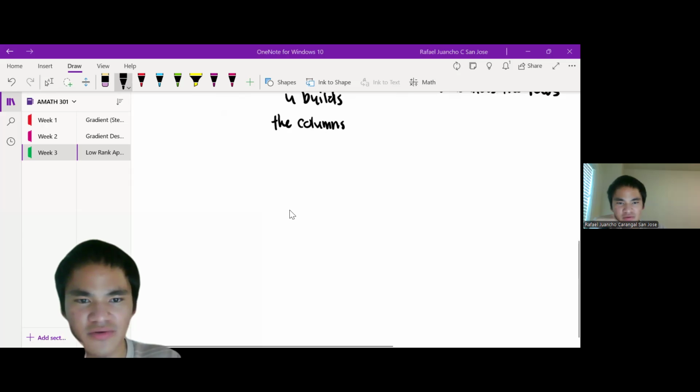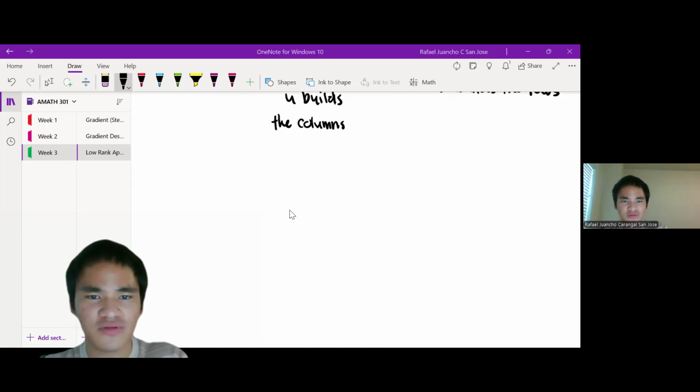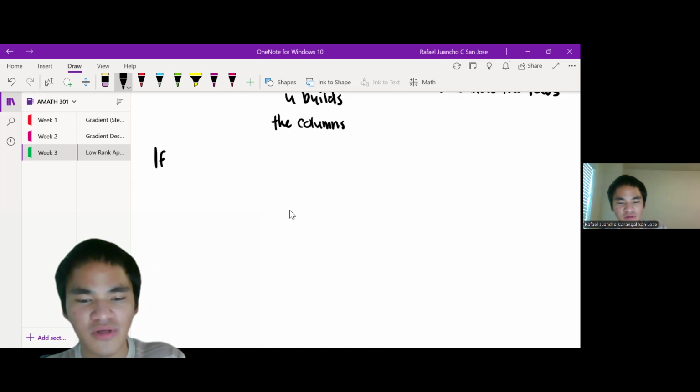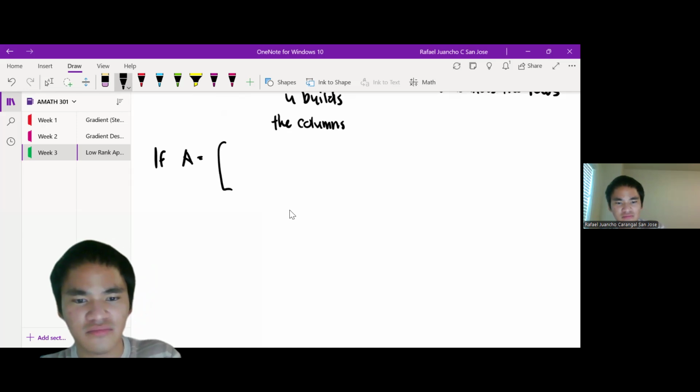Okay, let me just go through another example here. What if we say my A matrix becomes something else? 1, 2, 3 plus 10 to the negative 16. Then we do the same thing.